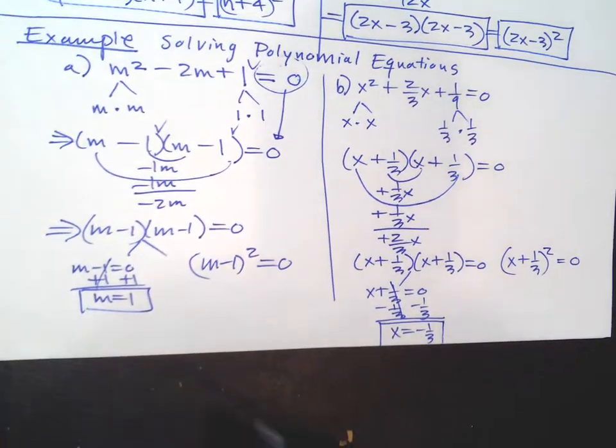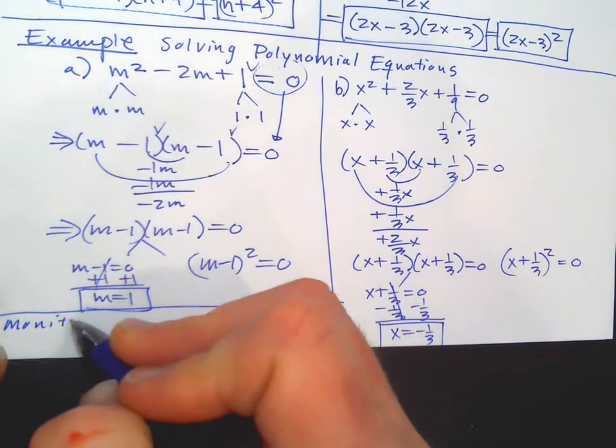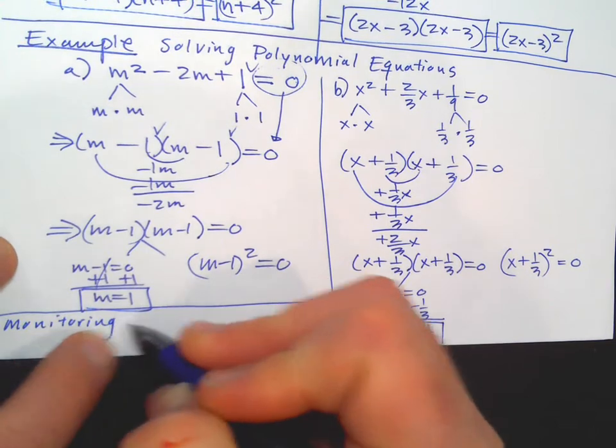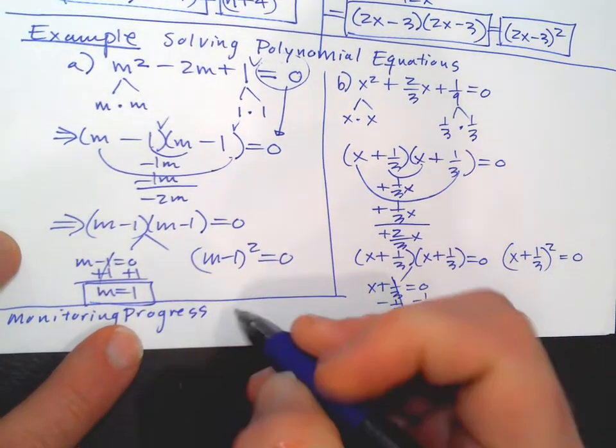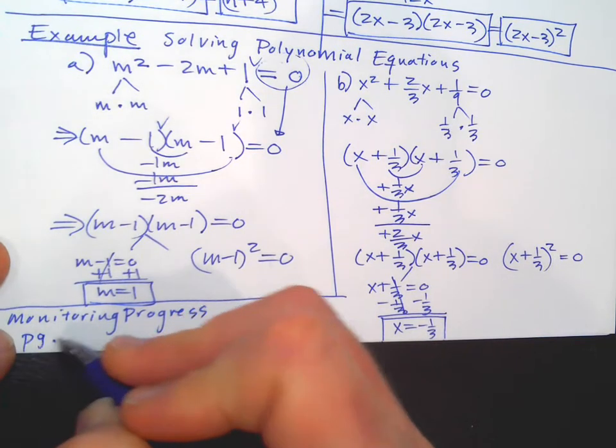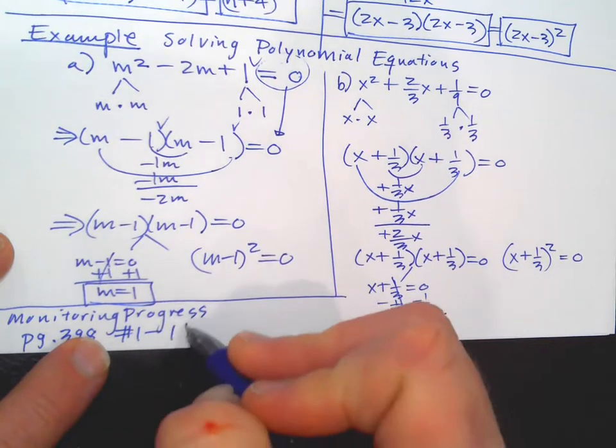Now, today's monitoring progress is to practice this. It's in this section. It starts on page 398, and we're doing problems 1 through 14 all.